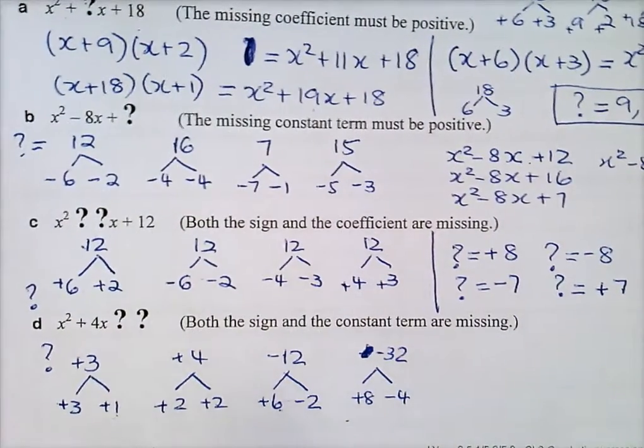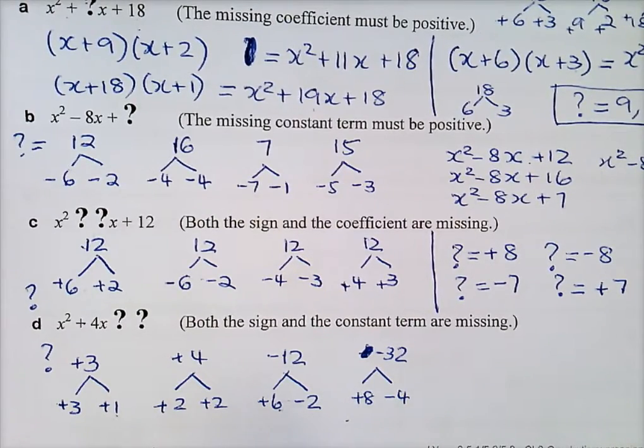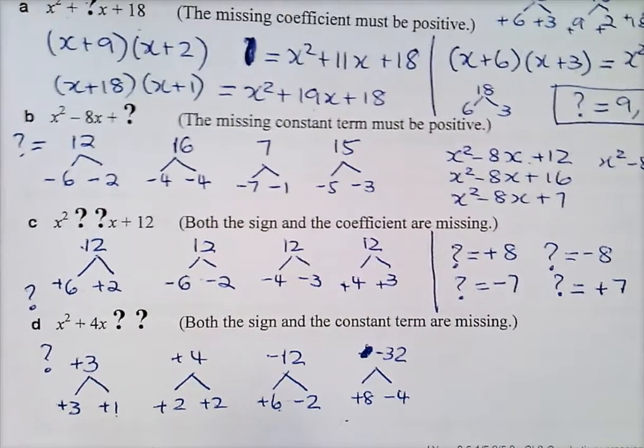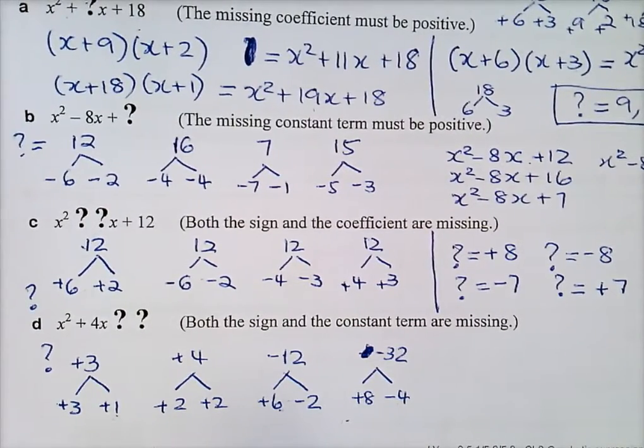So girls, this one has got an endless number, probably an infinite number of answers. I can do any 2 numbers that add up to give 4. Plus 7 minus 3, plus 5 minus 1. Heaps. Plus 10 minus 6, plus 11 minus 7. I could go on forever. That one's got an endless number of solutions.